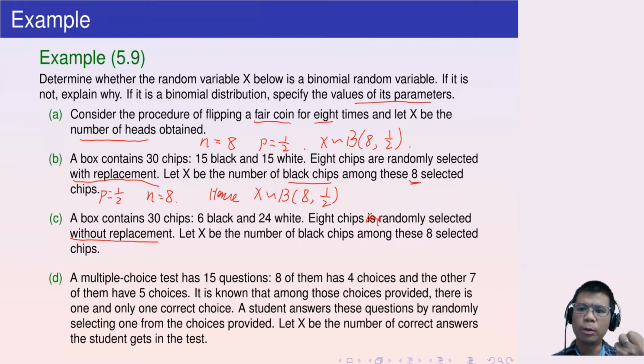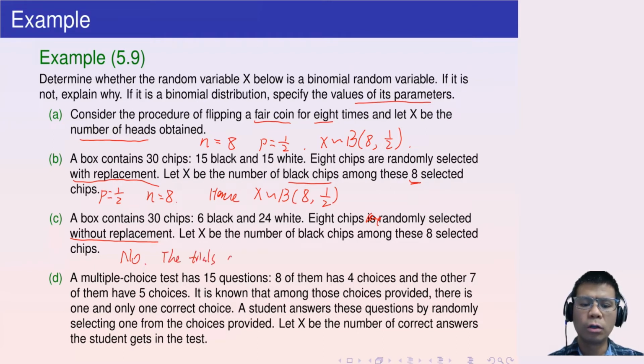So you get one, and you do not place it back, right? So the probability between trials affects each other. The trials are dependent. They're not independent because it's without replacement. So no.